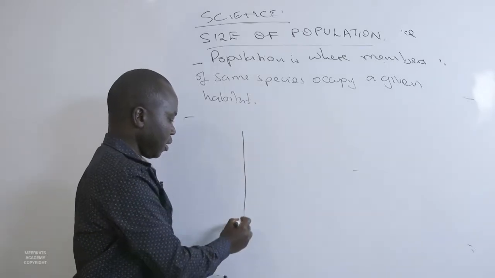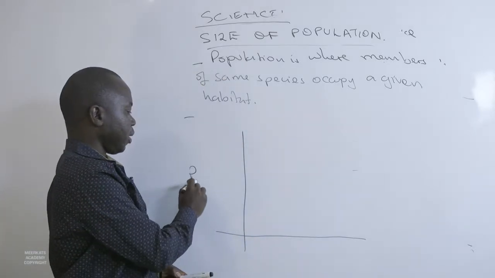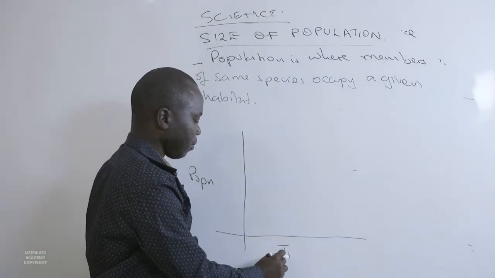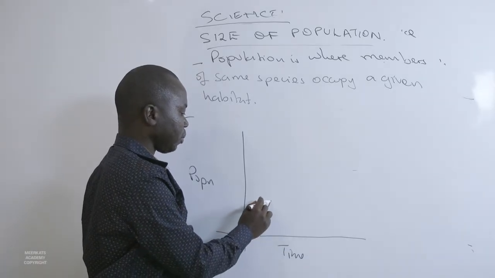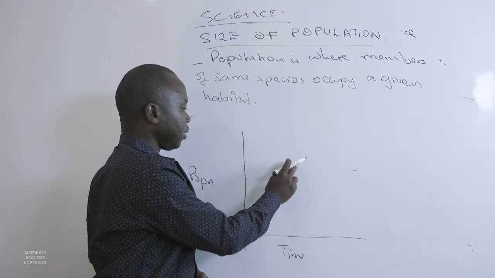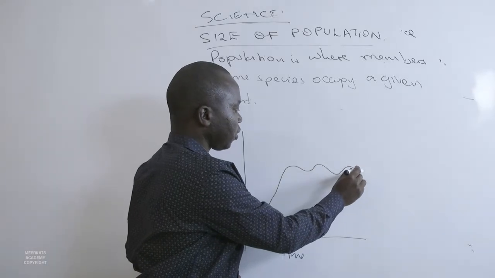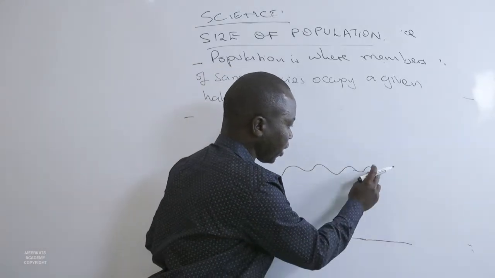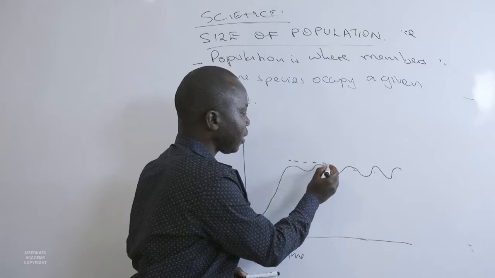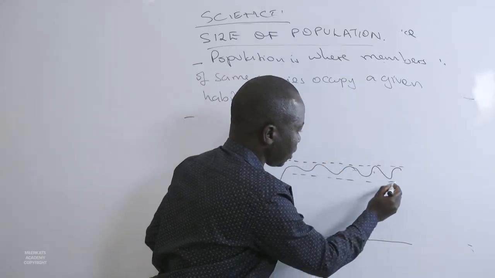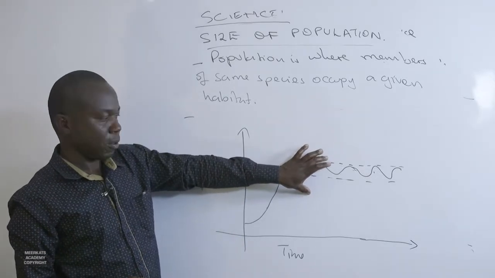So if this is the population, and we have time on this axis, population will always increase at first exponentially, and then reaches a point where it is never constant, but it oscillates. We have those cycles of rise and fall. So within that band, it is as if it is constant because the range is small.